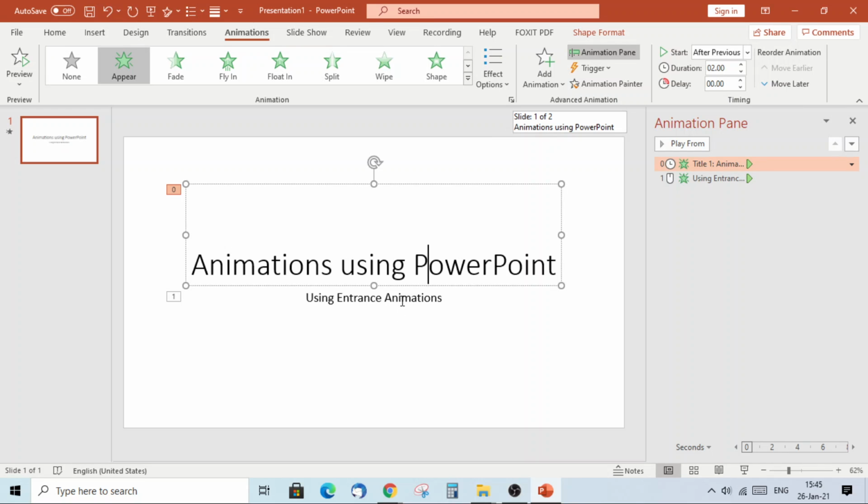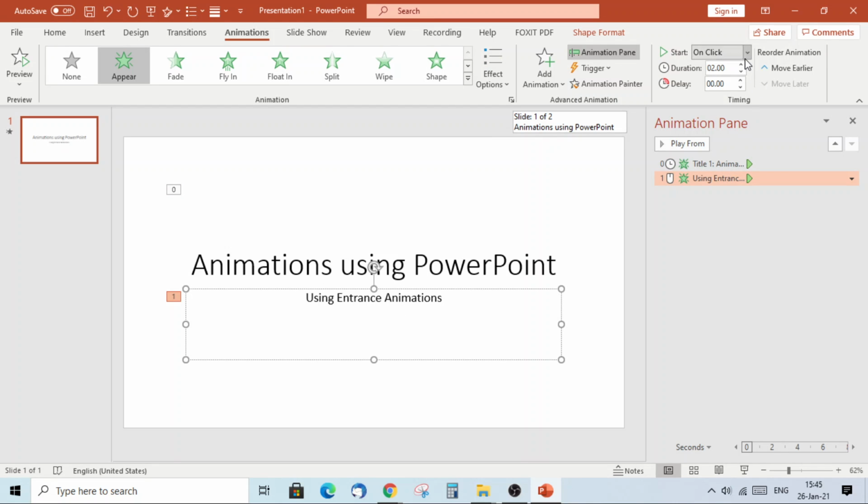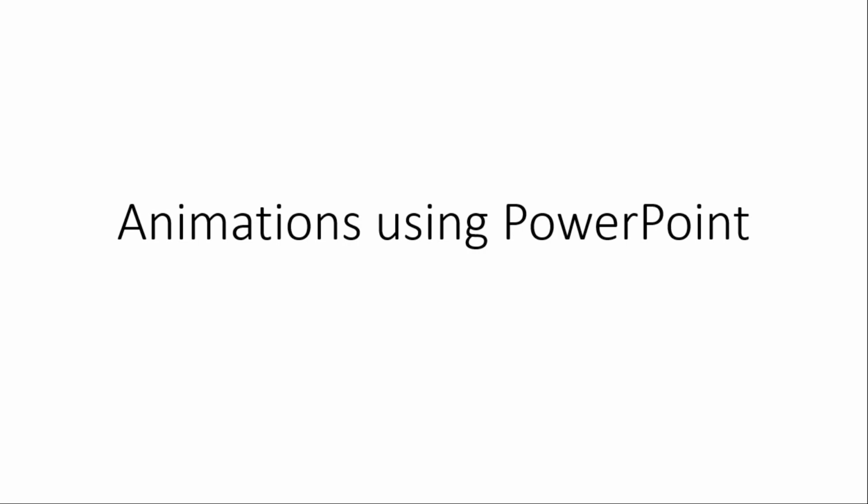Do the same for the subtitle. Click after previous. So you'll notice what happens when I go to the slideshow. I don't need to click the tab, it will just appear on its own. When the first animation appears, the second one will appear after the first.